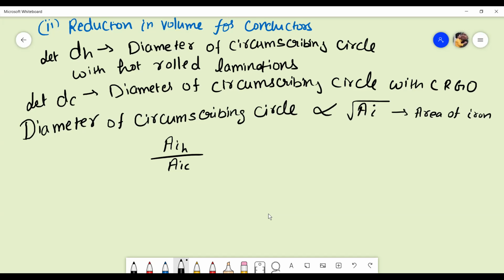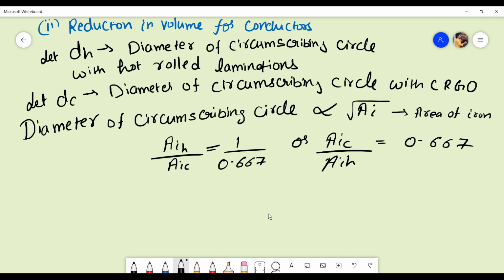You can just write down AIH by AIC is equal to 1 by 0.667. Or you can write here that AIC by AIH, which we derived earlier in the previous class, was 0.667.